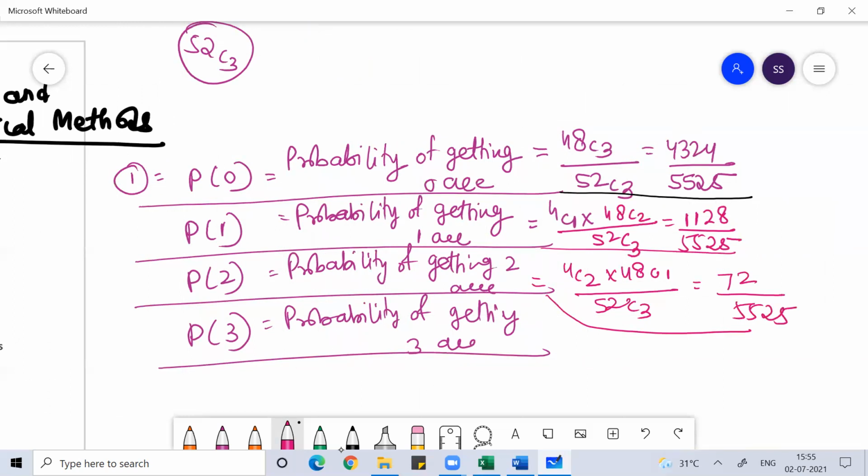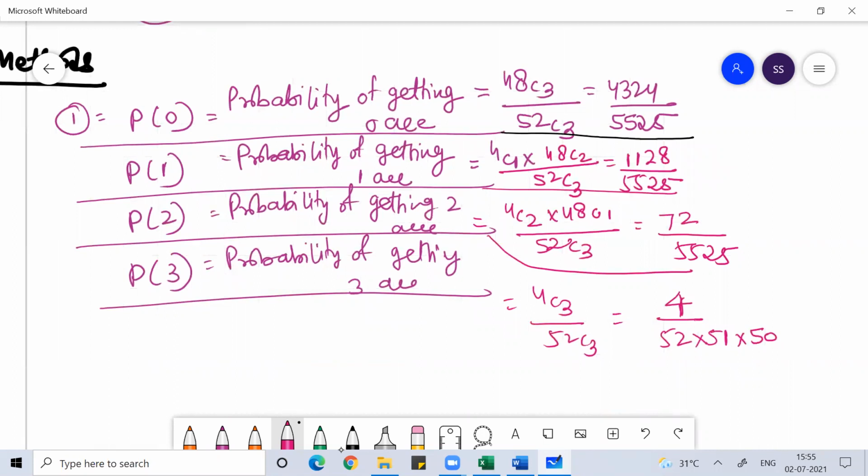Similarly, probability of getting all the 3 cards as aces would be 4C3 by 52C3. 4C3 is 4, right? 4C0 is 1, 4C1 is 4.